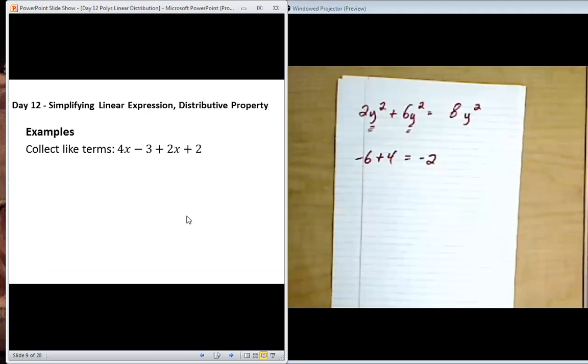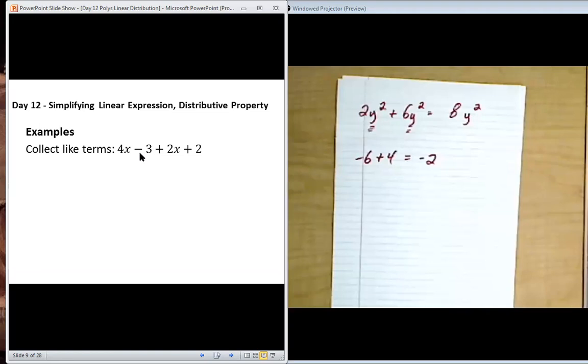All right, so check out this one. Collect like terms. That means if the letters are the same, we can combine them together. Okay, so what do we got for the x's here? For all of these, you want to keep track of the sign in front.